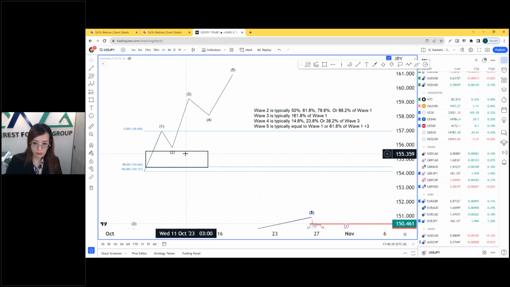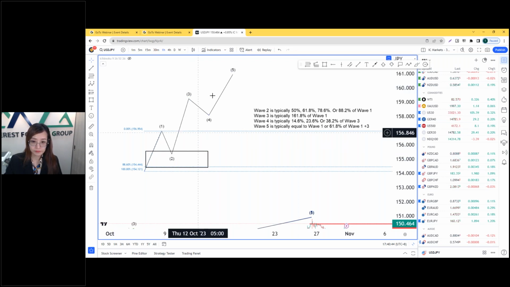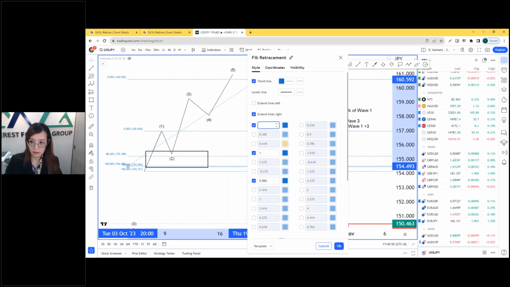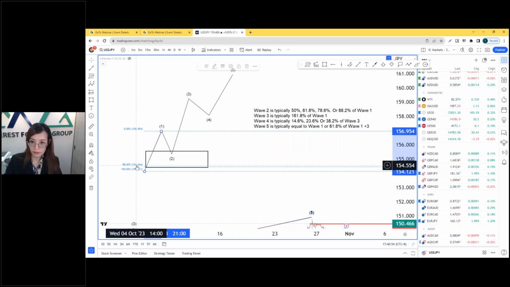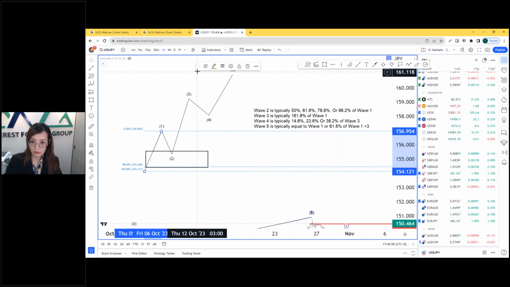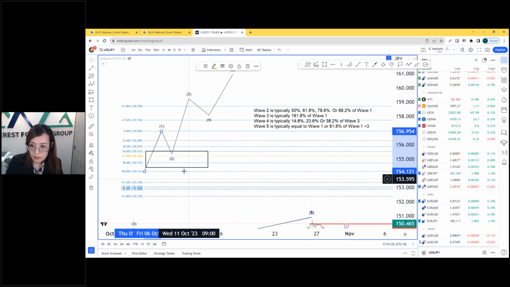This is somewhere here of wave 1, sorry. Let me show you again. 50% is here.